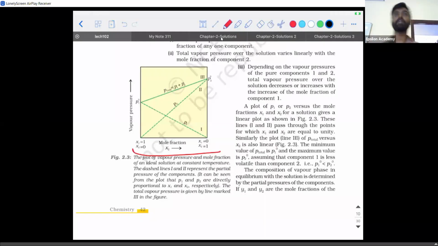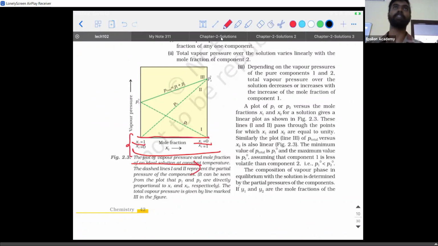So this is for an ideal solution. Now see, the x-axis is the mole fraction. There are two components, 1 and 2, say A and B or whatever it is. In this case, x1 is 1, that is maximum, at one end and x1 is 0 at the other. That means along this direction, x1 is decreasing.